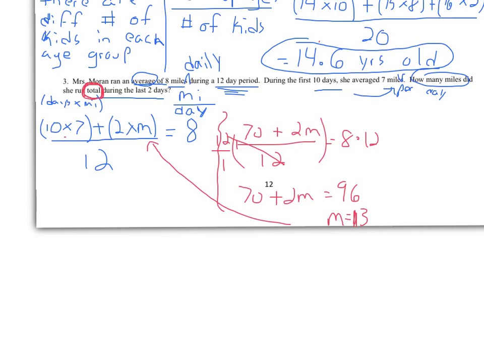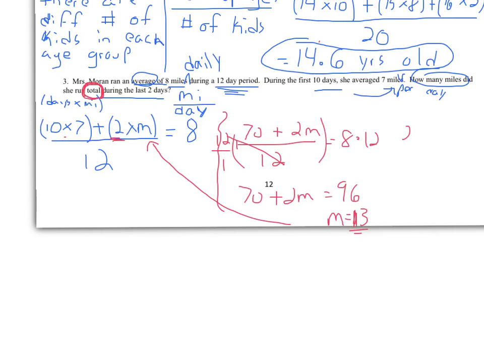If we want to find the total for those last 2 days, we have to say, well, for 2 days, she ran how many miles each day? Again, the question is, for 2 days, Miss Moran ran how many miles each of those 2 days? She ran 13 miles each of those 2 days. So how many total miles did she run? Well, you have to do that 13 that she ran each day times the 2 days.